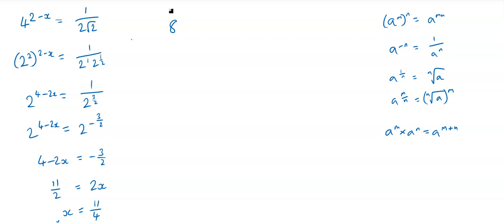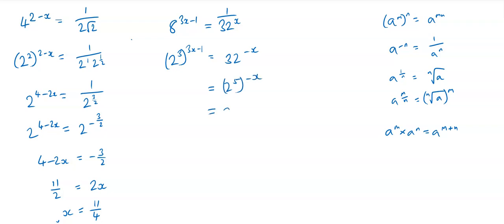Okay, suppose we have 8 to the 3x minus 1 equals, let's say, 1 on 32 to the x. Again, we're going to reduce these to 2, so that's 2 cubed to the 3x minus 1 equals 32 to the minus x, which is 2 to the 5 to the minus x, which is 2 to the minus 5x.